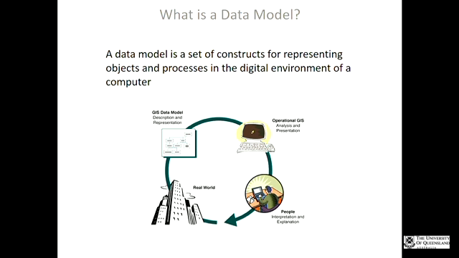It could be boxes and arrows and diagrams, for instance. That gets represented as a digital representation of that conceptual model. We're going to talk about this today, and then tomorrow we'll talk more about that and how you collect data, and then it's used within a GIS to answer questions or make decisions and so on.